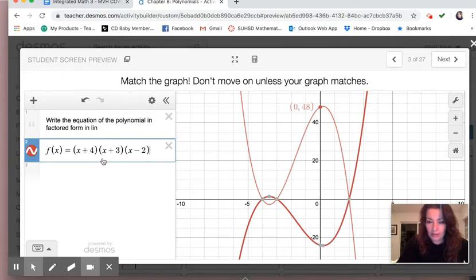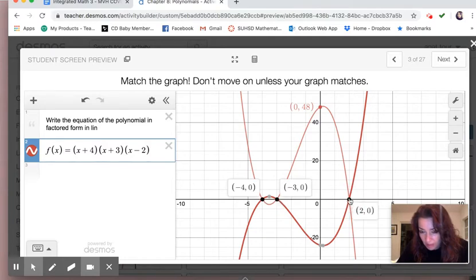So as you can tell, all our intercepts match. They match exactly at those points, but our graph doesn't match. So if you remember, that means we have some a value in the front here that is going to change the direction of the graph. So I can also see that the graph is flipped over.